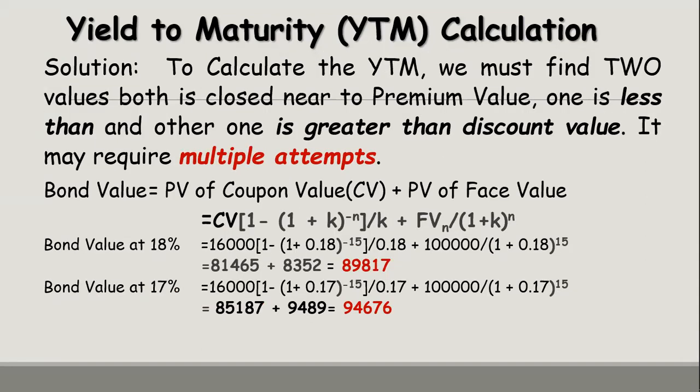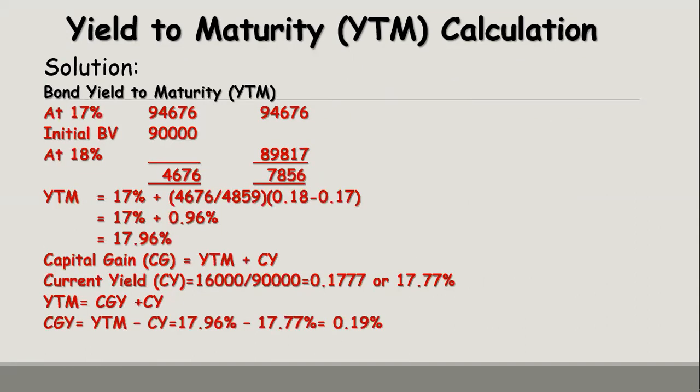Now here we have calculated the bond value at 18%. It comes to 89,817, which is below 90,000. And at 17%, it comes to 94,676, which is above 90,000. Again here 17% is the base, so the yield to maturity is more than 17% but less than 18%.